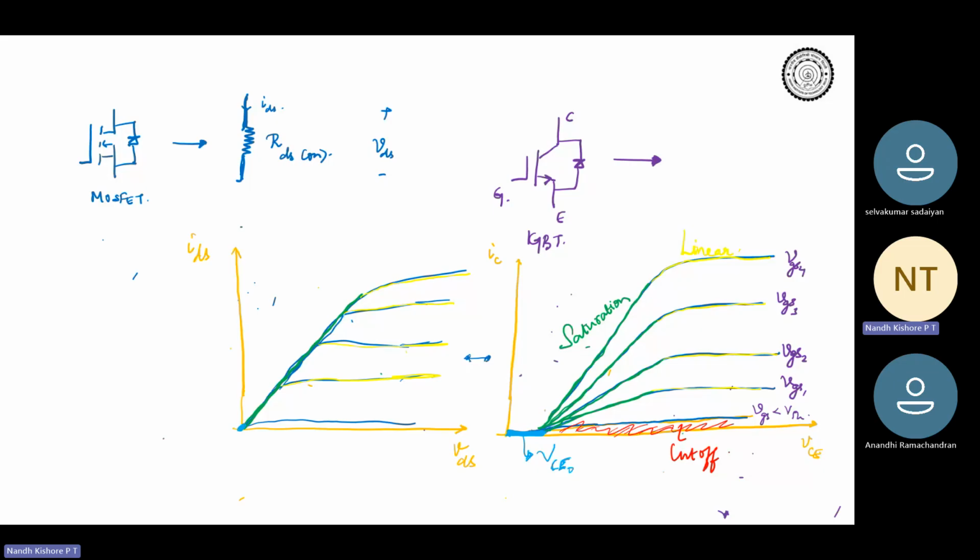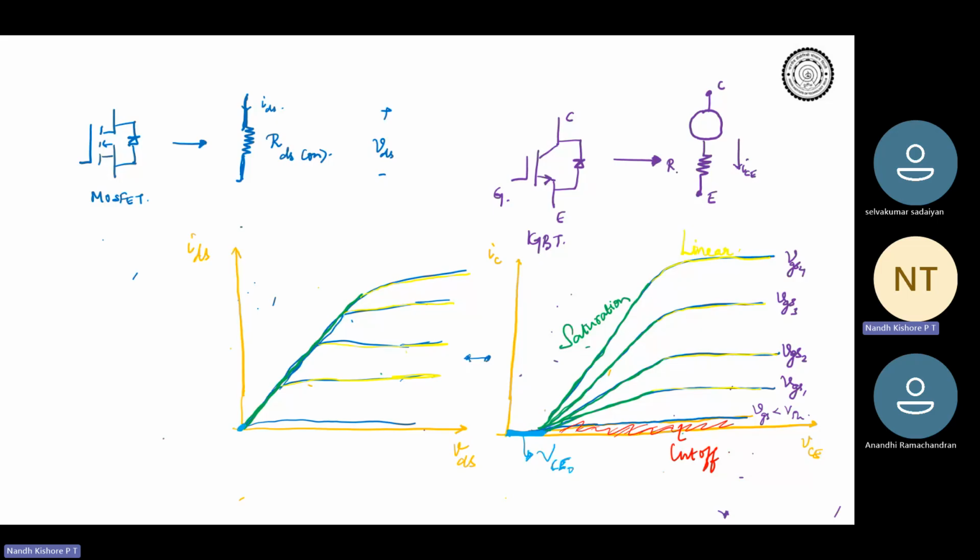Therefore, in the completely turned on region of an IGBT, we can model the IGBT as a voltage source followed by a resistance. If this is your C terminal, this is your E terminal, you have ICE flowing like this.